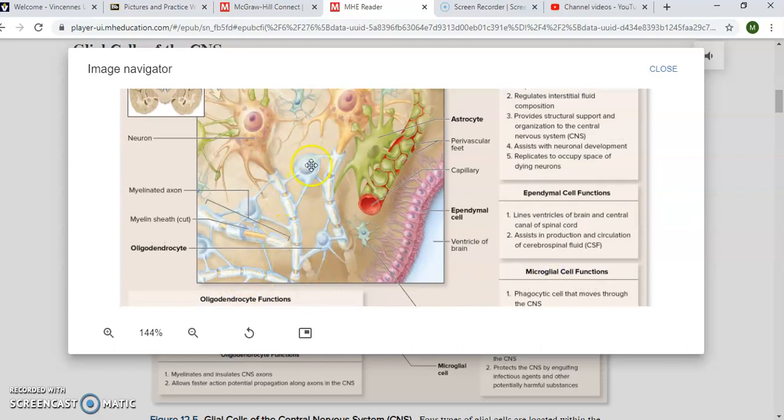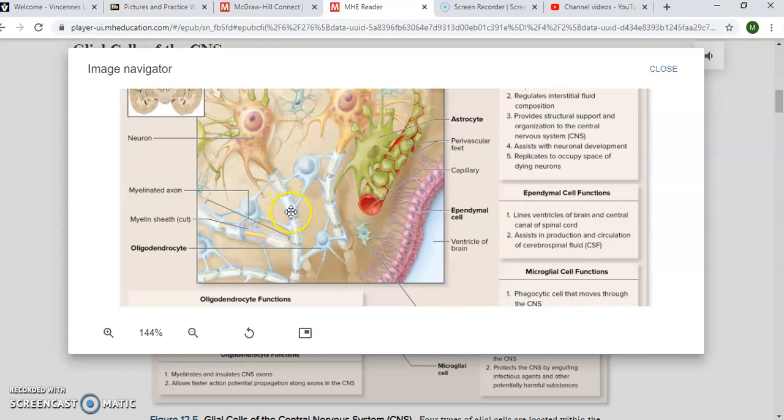You'll notice that the oligodendrocytes, there's 4 of them here, they have these little processes that extend off of their cell body and then wrap around the axon of adjacent neurons. What these little things that are wrapping around the axon are called are myelin sheaths.